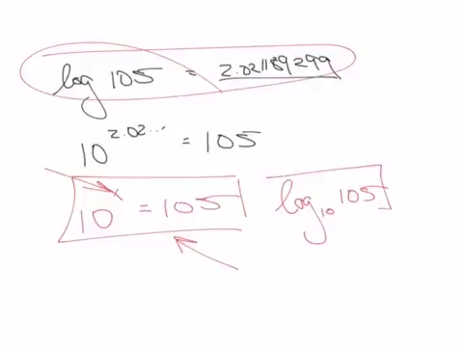I just type in log of 105, and that will give me the x that I'm looking for, the exponent. So using logarithms makes it possible to find the x value when it's in the exponent. Back in the olden days before calculators, this was very helpful because there were different methods you could use to find out what that exponent is.